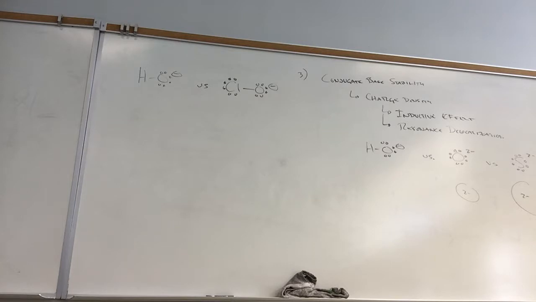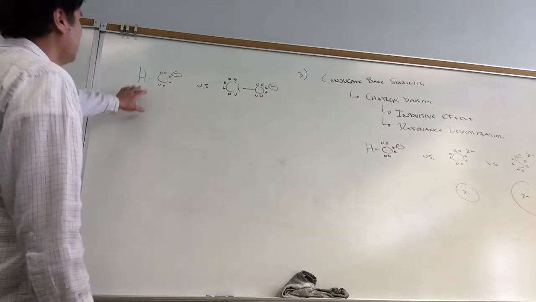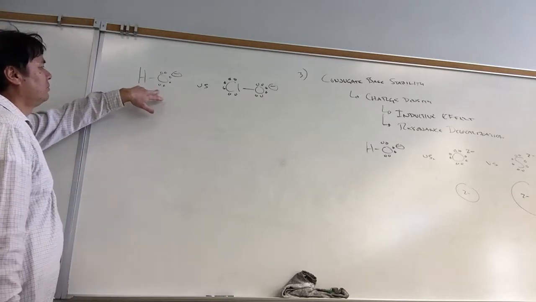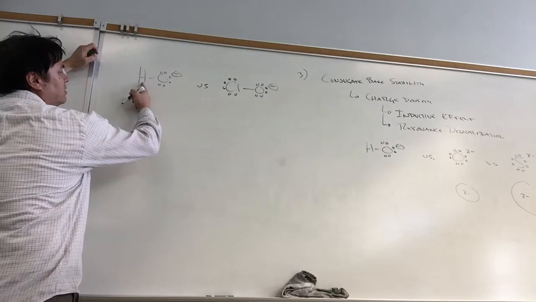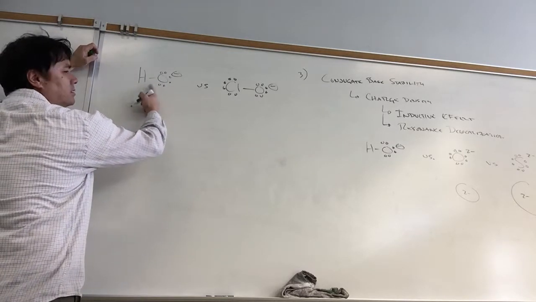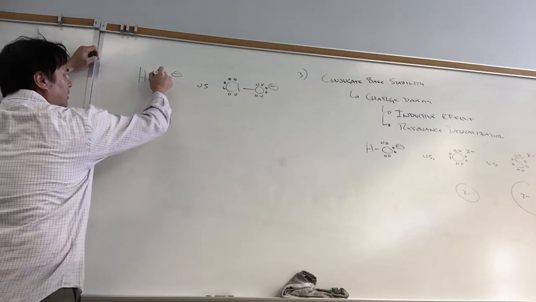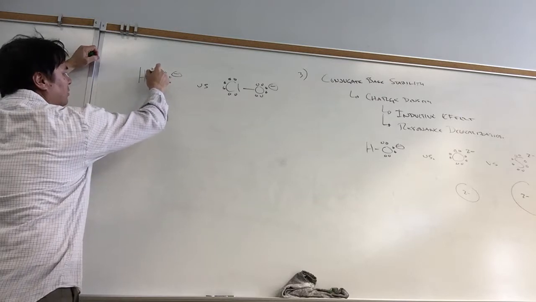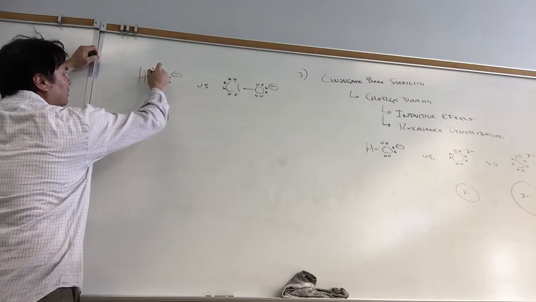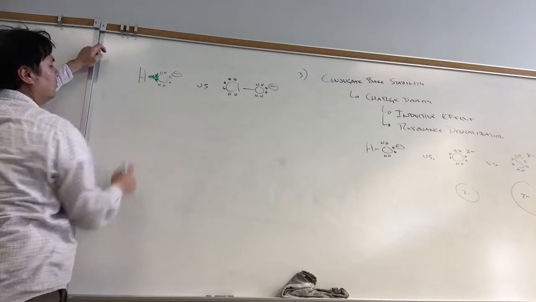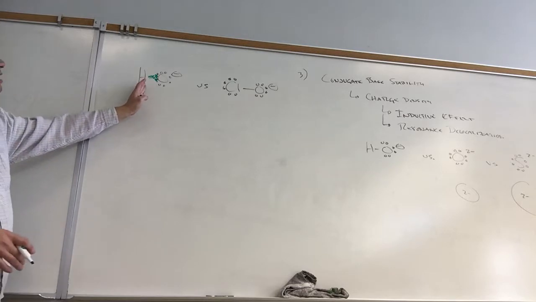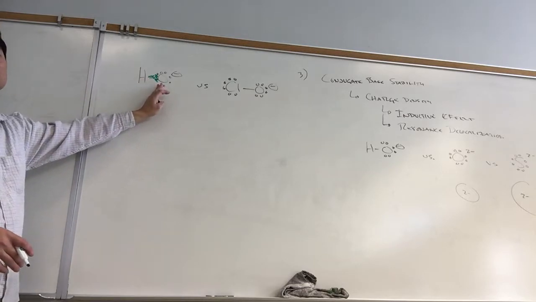Because we know something. Hydrogen versus oxygen, which one wins? Oxygen. And so when we look at this, this is going to be an sp3 sigma bond. And when we look at the two electrons in that bond, they're going to be polarized towards oxygen. And so the electron density in the sp3 sigma is polarized towards oxygen.